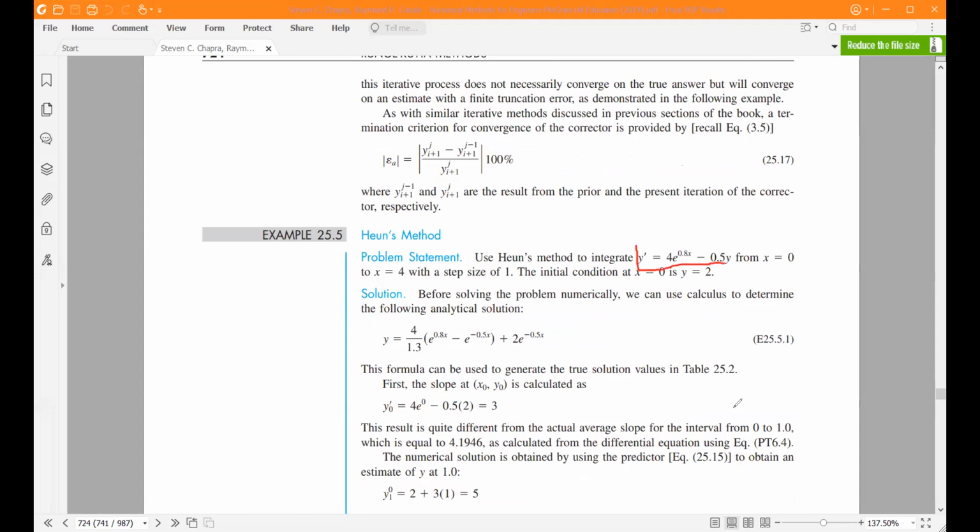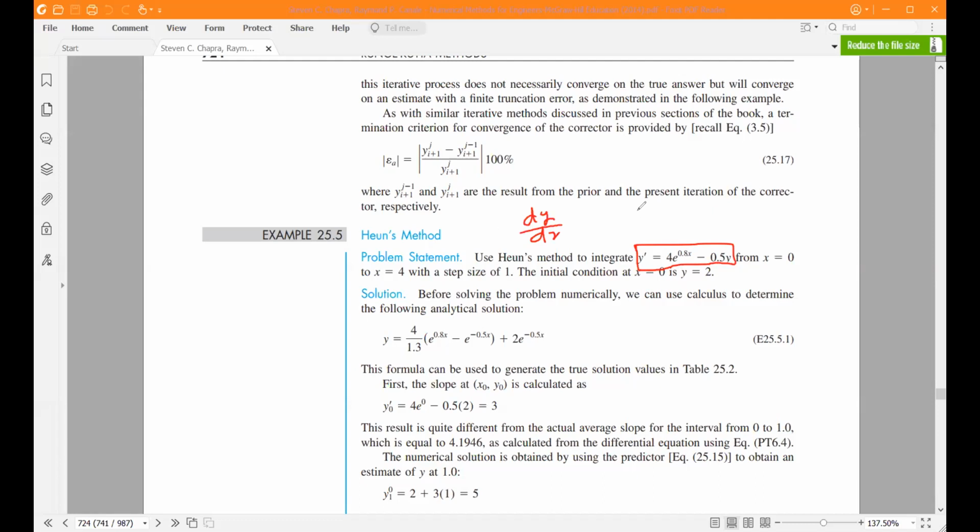What is the order of this equation? Is it not a first order one? Yes, sir. It is a first order differential equation, isn't it?